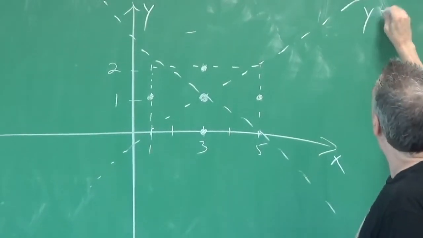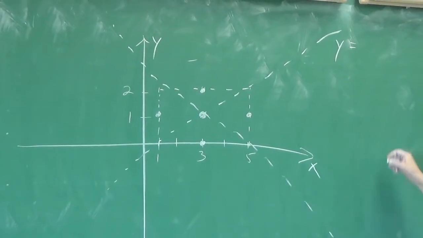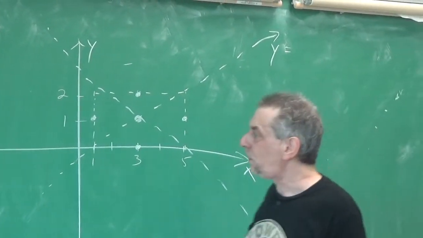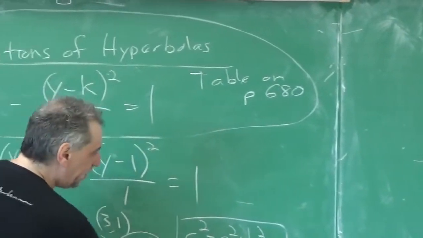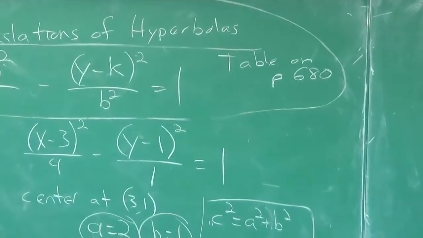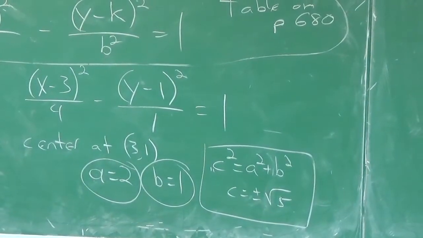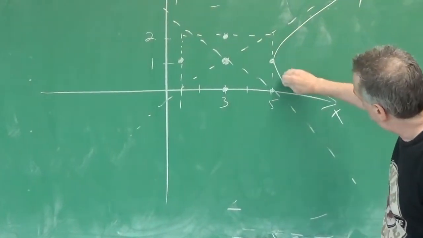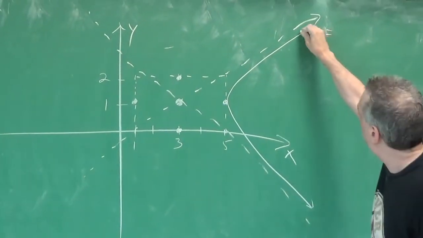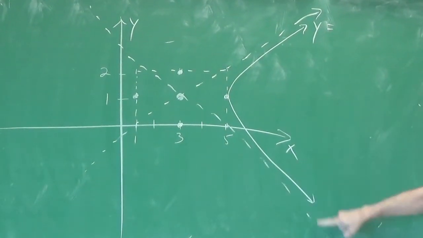We have our A, we have our B, we have our C. So we know this is again along the x-axis. Our asymptotes act as guides. So we're going there, approaching this line, never reaching it.